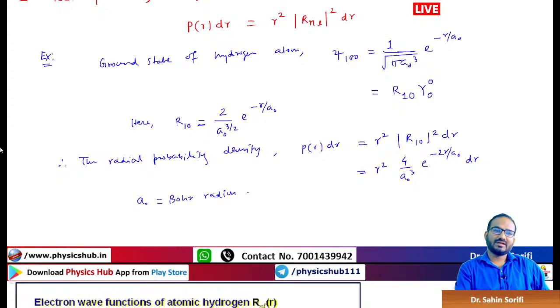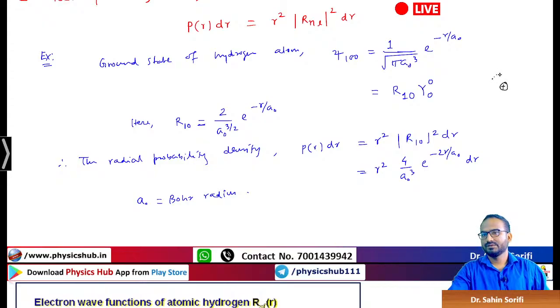Now if you want to calculate the most probable distance of the electron in the first orbit, that is, in the Bohr orbit, you can imagine it in this way. This is the proton.